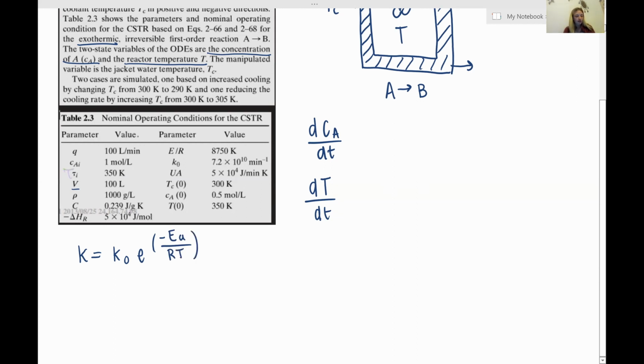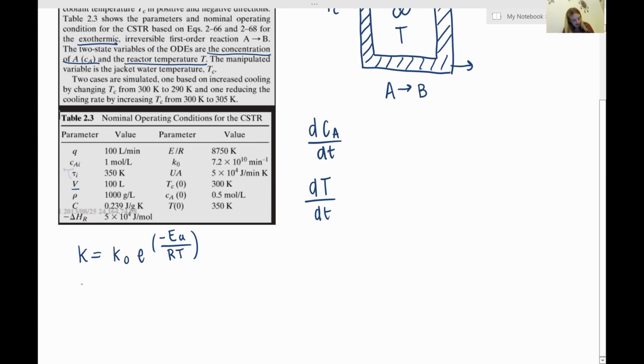So our E over R is going to be our activation energy over that constant R, and our K naught is going to be the frequency of collisions. We're given that one also.